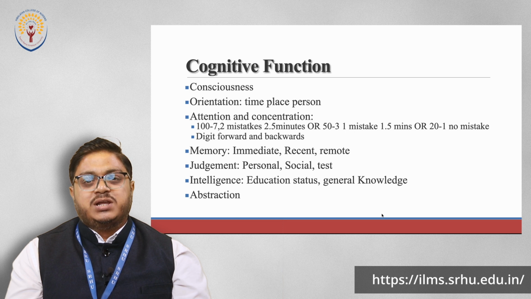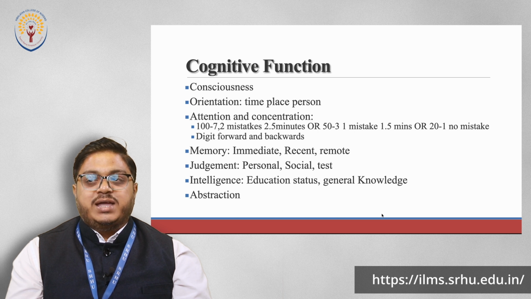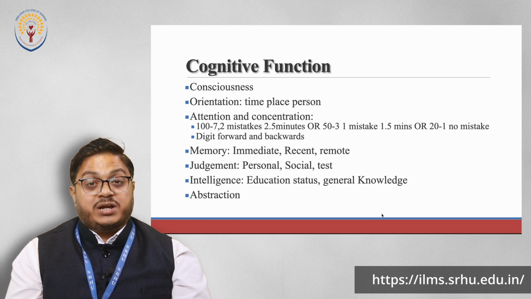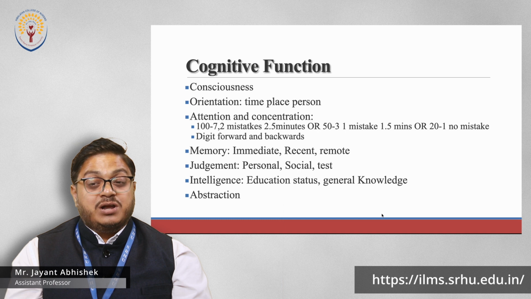Judgment, again 3 types: personal judgment, social judgment, test judgment. We give them social exercises and tests so that they answer in a socially and morally acceptable manner. If they do not, we say that the judgment is not right. All these things imply what kind of care the patient needs.